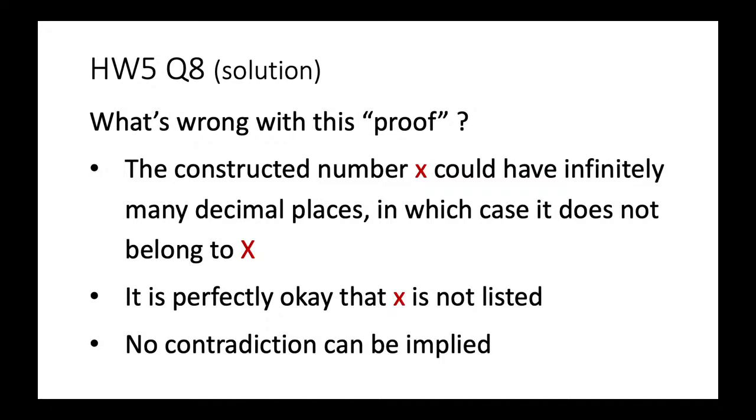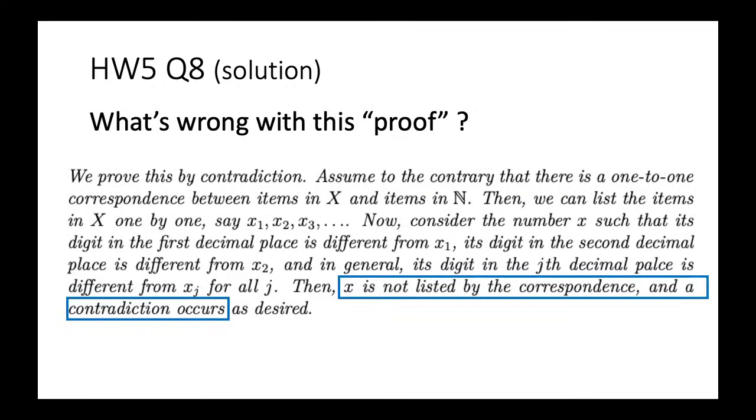So it is very natural that we can have a constructed number that does not appear in the listing that we have. Basically, this proof is to show by contradiction, so that we claim that every number in the big set X can be listed without any problem, and the construction constructs a number that cannot be listed and claims that this is a contradiction.